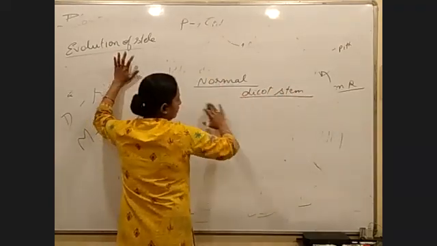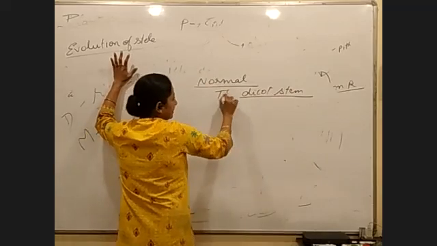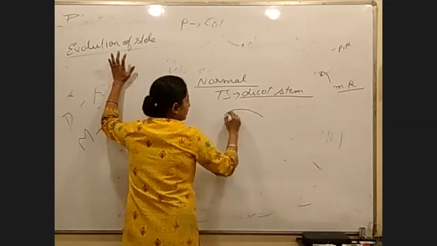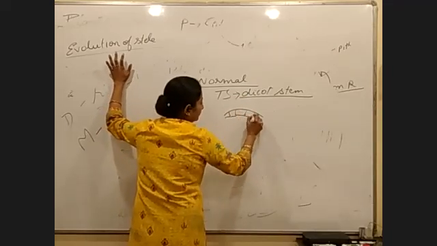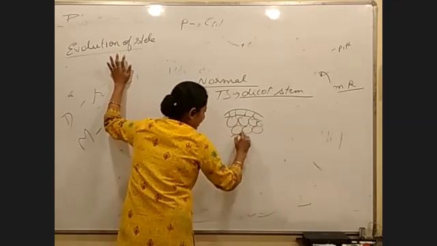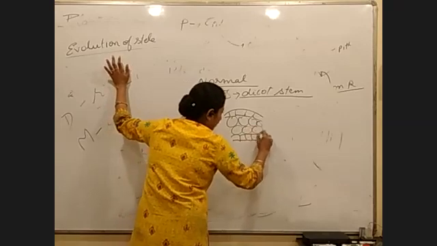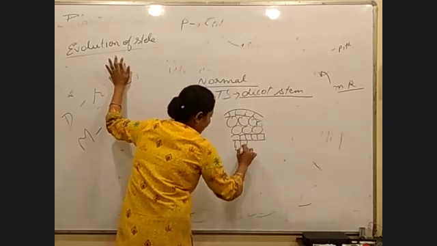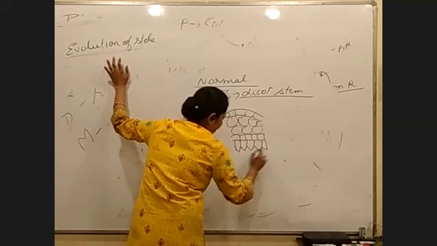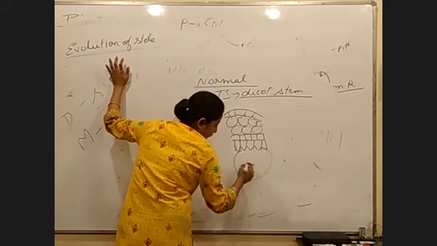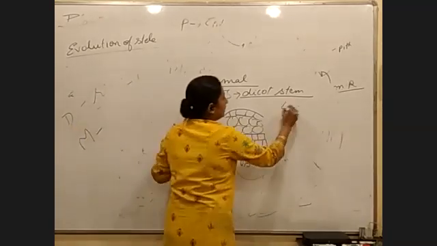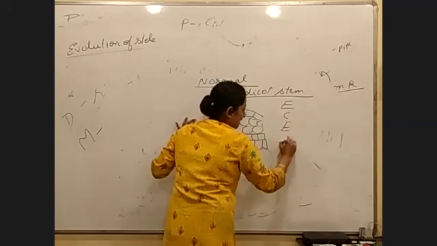Normally, in a TS of a dicot stem, how do we see the tissues arranged? First we have the epidermis, next we have the cortex, next we have the endodermis, and next layer we have the pericycle. Here, we know this, right? In and around the pericycle, we have talked about stele, where vascular bundles form.